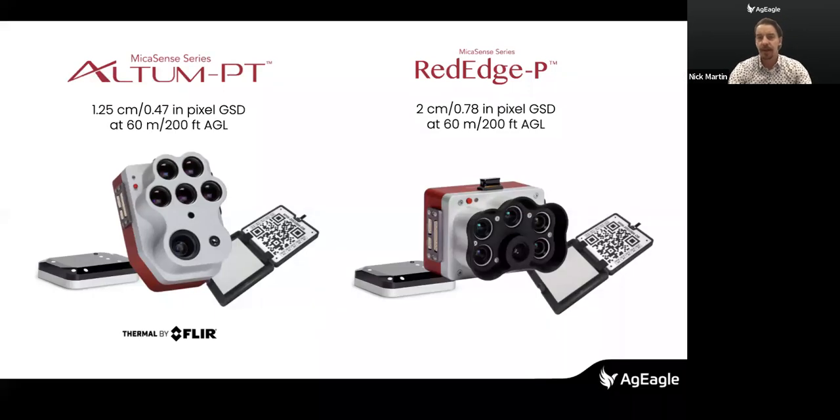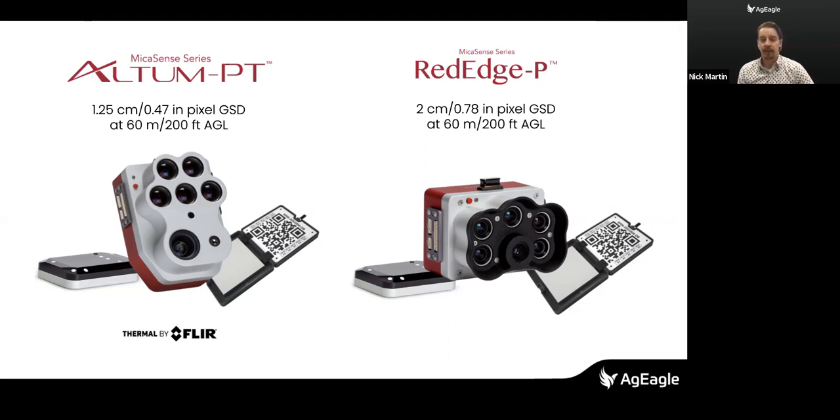So we'll just go a bit into the product here. MicaSense cameras, as I've already said, offer extremely high resolutions and very narrow spectral bands for accurate data that can be used for time series comparisons, which means map after map after map after map. These are our two sensors that we currently manufacture.